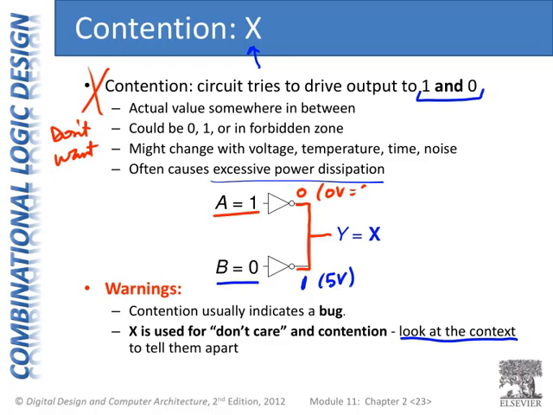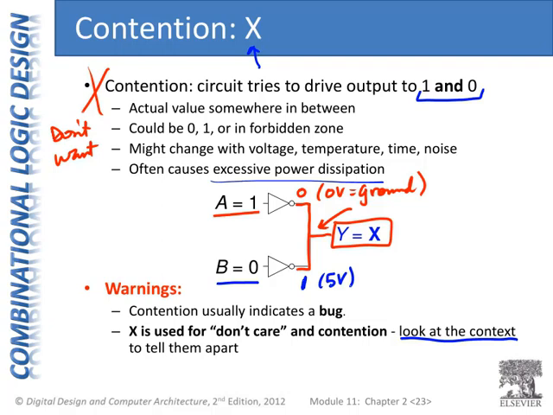A wire has to have the same value on it, so basically they're fighting, or contending, to see what the value of that wire is. What is the value of y? Well, we call that x, or contention. Y equals x.